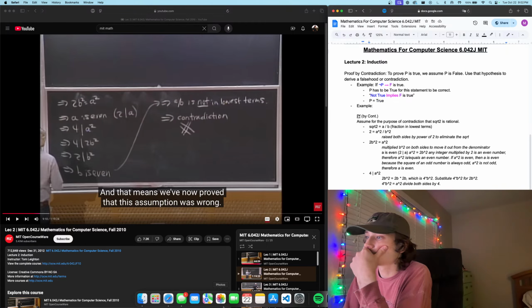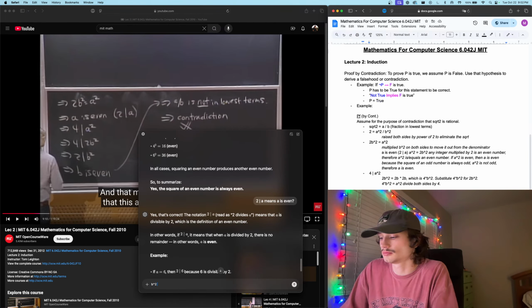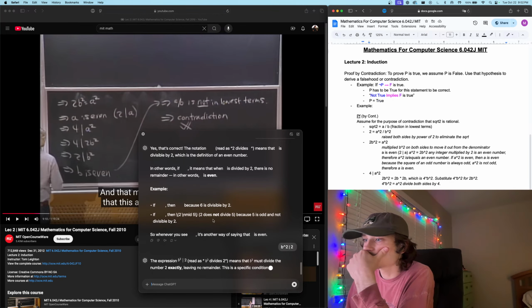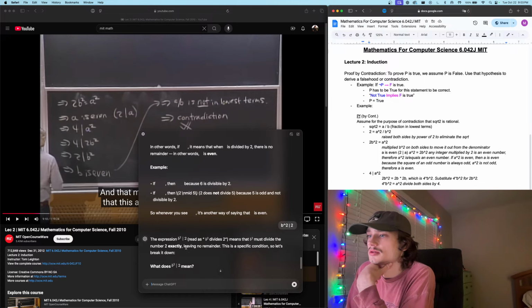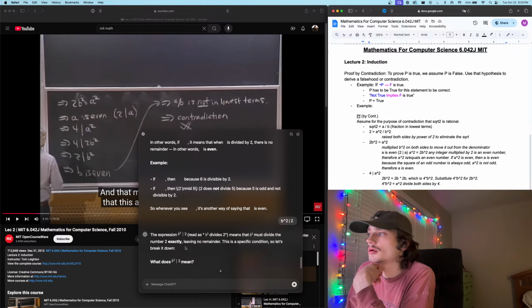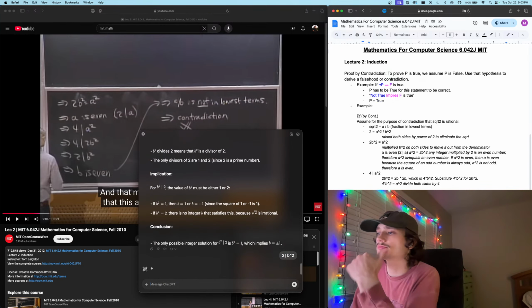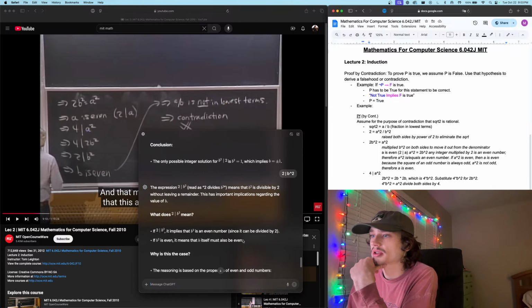b, and what about b squared? B squared means the expression 2 divides b squared. Expression 2 divides b squared means that b squared is divisible by 2 without leaving a remainder. This has an important implication in regard to b.